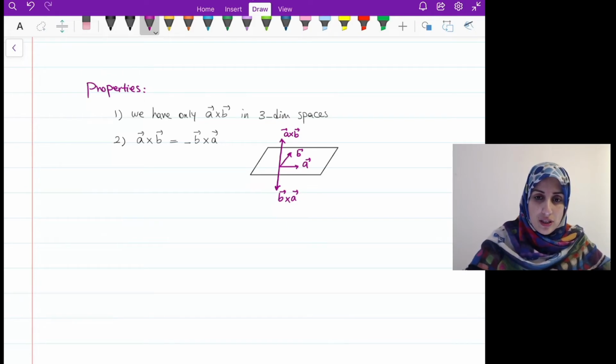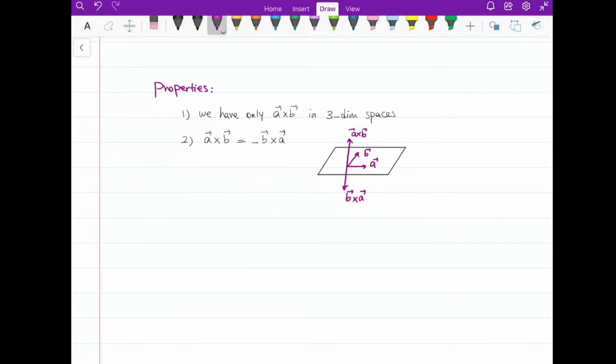Then another property is that A cross A is equal to 0. Why? It's just because the sine of the angle between A and A is 0, so the sine of that would be 0. And number 4, which I'm showing by just the number: 5A plus 7B cross C. It's just the distribution law.